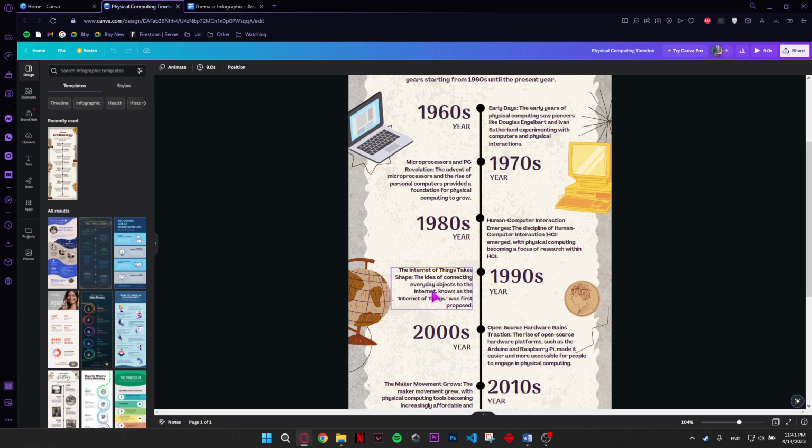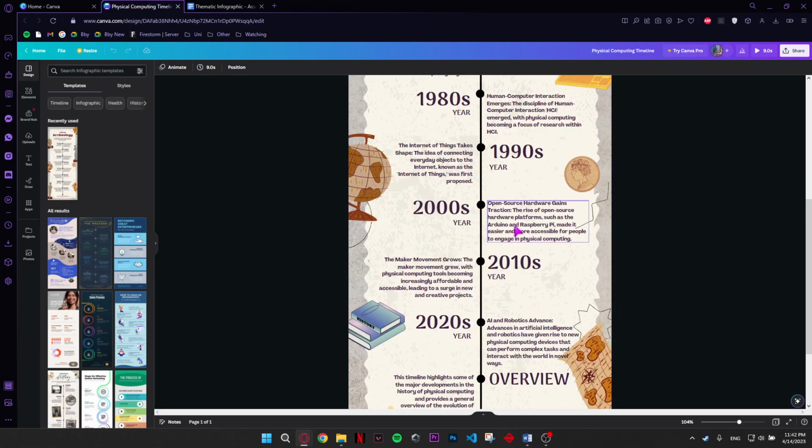The idea of connecting everyday objects to the internet, known as the Internet of Things, was first proposed. So in the 1990s, the internet was starting to rise in this year. So it says here that the idea of connecting everyday objects to the internet is proposed in this year.